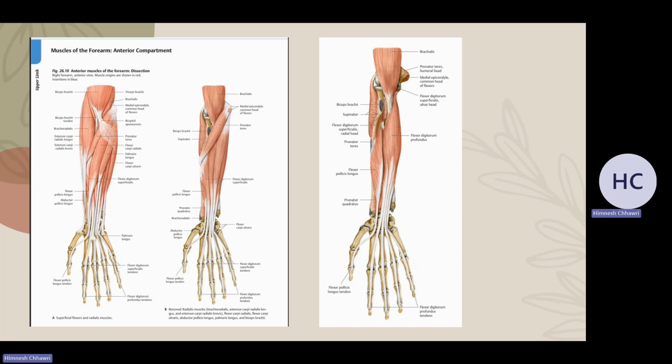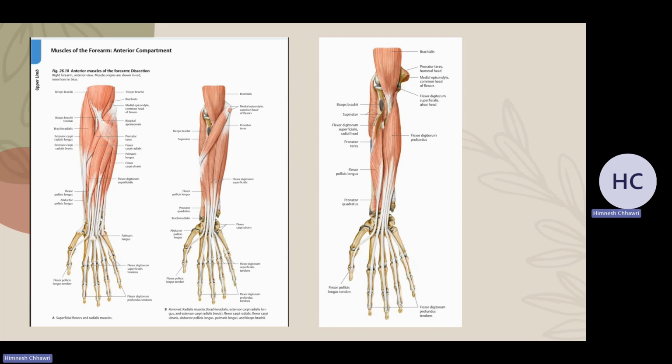I'll talk about the innervation of these muscles later, because generally you can generalize, but then there are a few differences I'll talk about once I'm done with the anterior compartment. Then we have the flexor pollicis longus. What is flexor? Flexion. What is pollex?